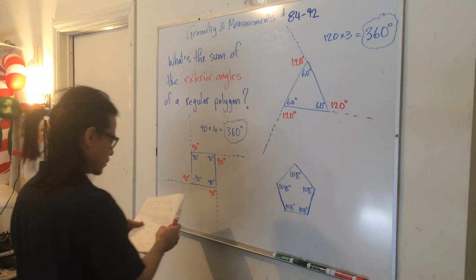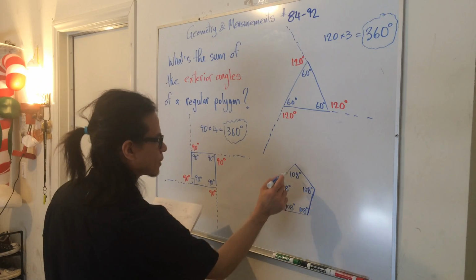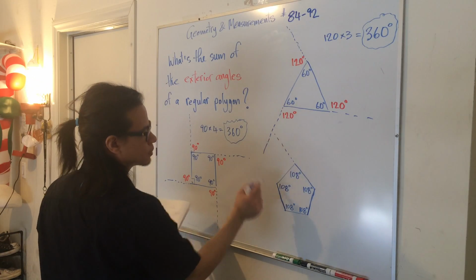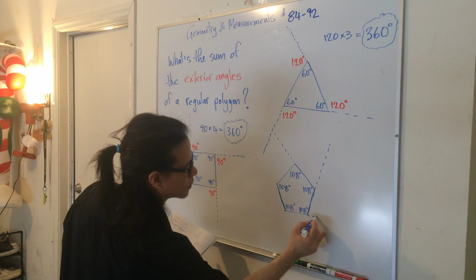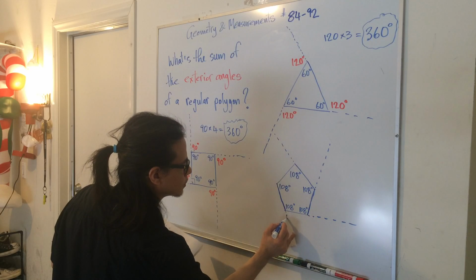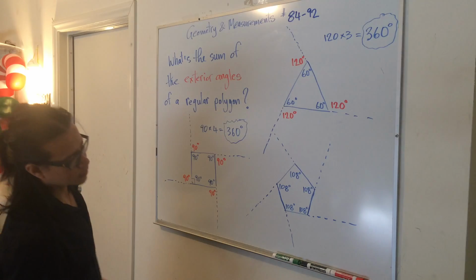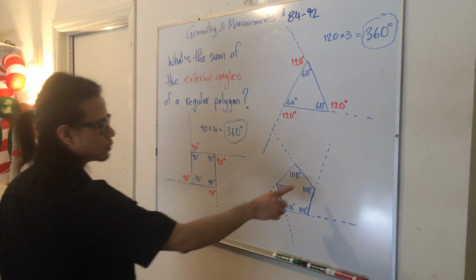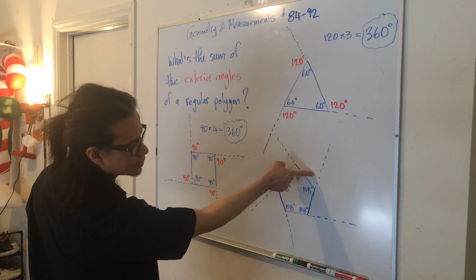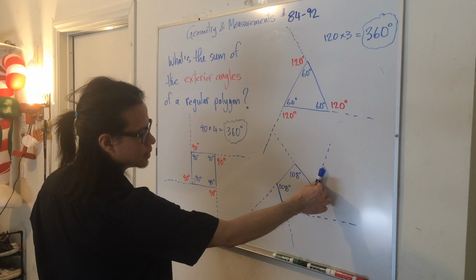So I'm just going to extend the sides out. This goes here, like this. So ask yourself, what would be the measure of this exterior angle here, knowing that together they make 180 degrees?